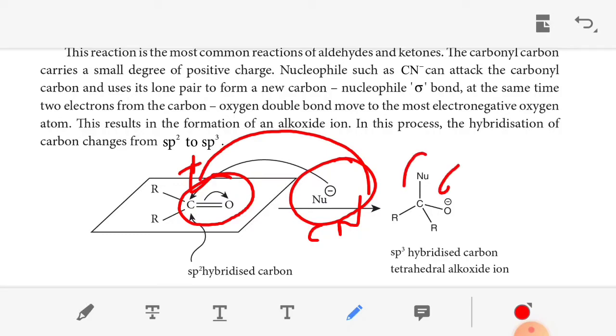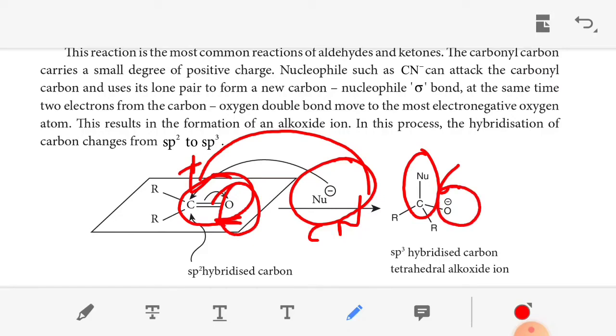This is the new carbon-nucleophile sigma bond. At the same time, the two electrons of the carbon-oxygen double bond move onto the more electronegative oxygen atom. This results in the formation of an alkoxide.